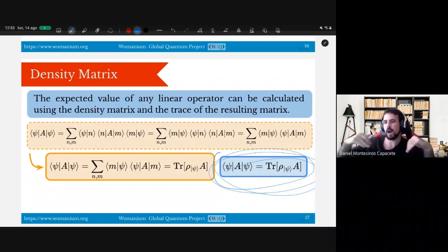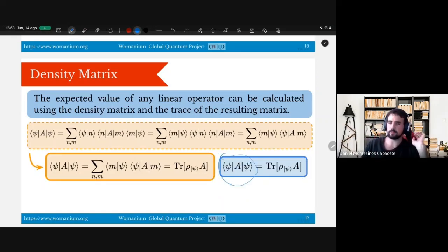It's like a time average, right? It's some kind of time average, and we discussed this a little in the last lecture, I think. So you can calculate the expected value of any linear operator by doing this computation. Here you have the density matrix corresponding to the state, and the linear operator, and this is the trace of the matrix.